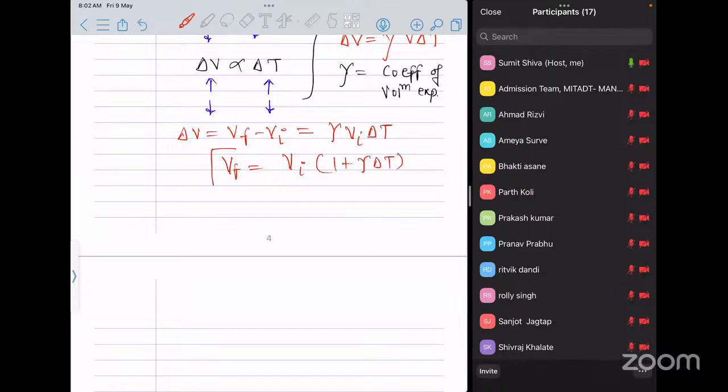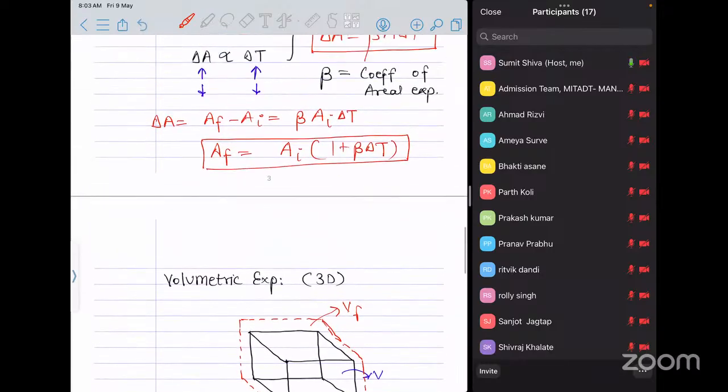In this formula, it may occur to you that the temperature variation is in such a way that the dimensions are increasing, but it can also be in opposite way, which means it is also possible that someone will decrease the temperature of the material instead of increasing. So if you will decrease the temperature of a straight rod, in that case its length will decrease, and L final will be smaller as compared to L initial, and there will be a factor of delta T with negative sign because final temperature is smaller than initial temperature and delta T is temperature difference.